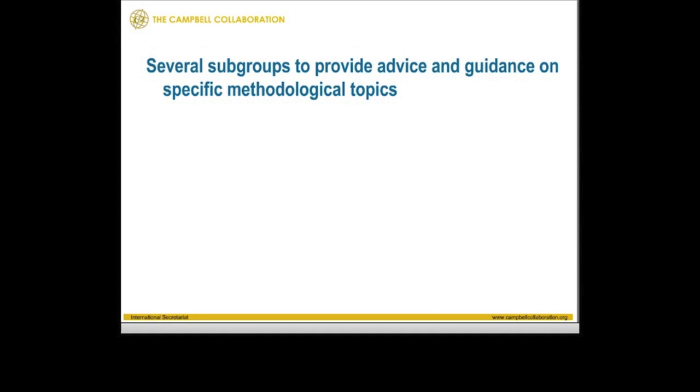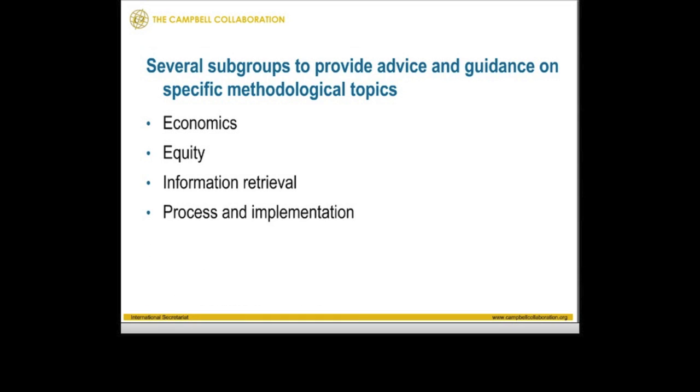We have several subgroups that provide advice and guidance on specific methodological topics. These subgroups include one on economics, and one on equity, specifically equity methods to encourage review authors to discuss the impact of interventions on reducing inequality of opportunity. We also have a group involved in information retrieval, how to find studies for systematic reviews.